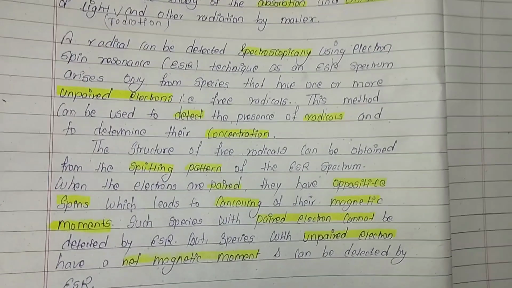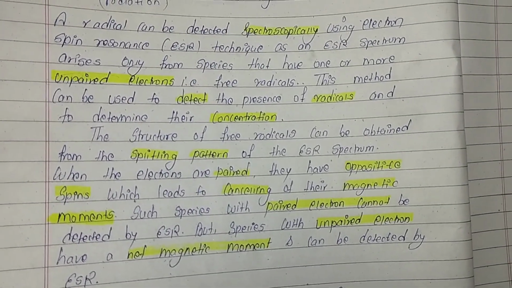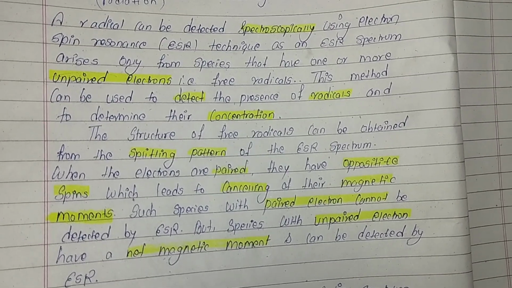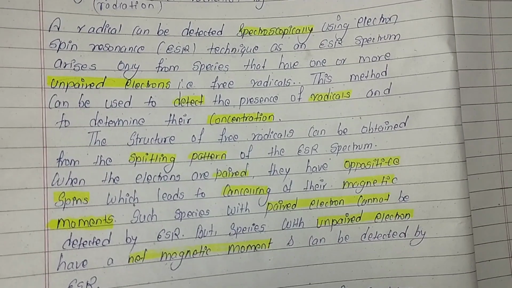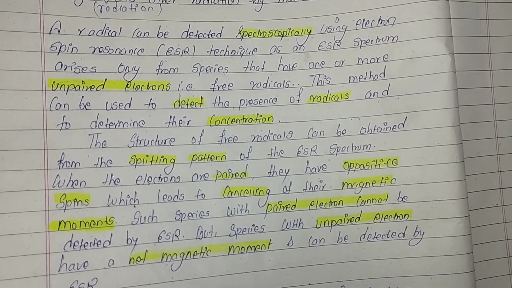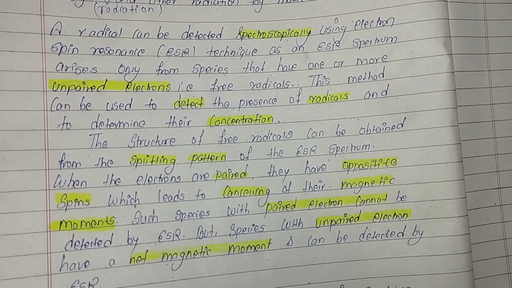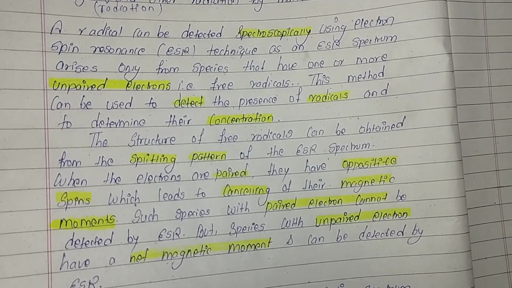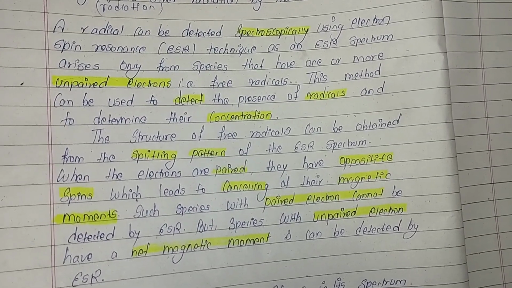When electrons are paired, they have opposite spins, which leads to cancellation of their magnetic moment. So if the electrons are paired, there is a cancellation of the magnetic field, and paired electrons cannot be detected by ESR.